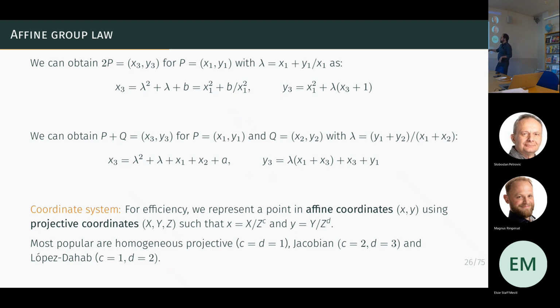In practice, we have several different choices of C and D here. Homogeneous projective is one, where both of them are 1. We have the Jacobian coordinate system, and the Lopez-Dahab that was very popular in the early 2000s and then not anymore, but it was quite relevant at some point. It was the most efficient at some point.